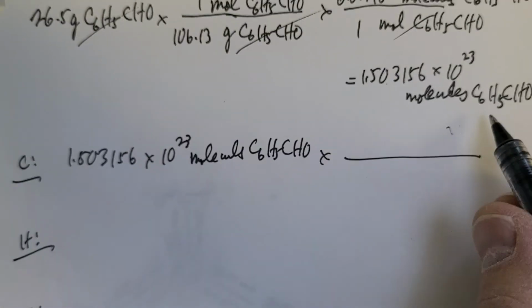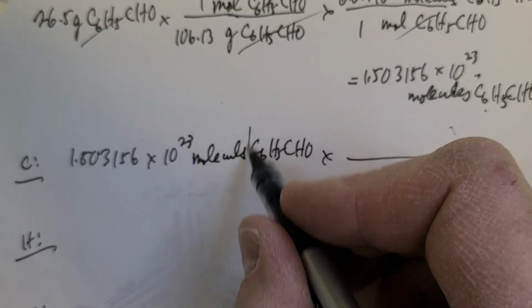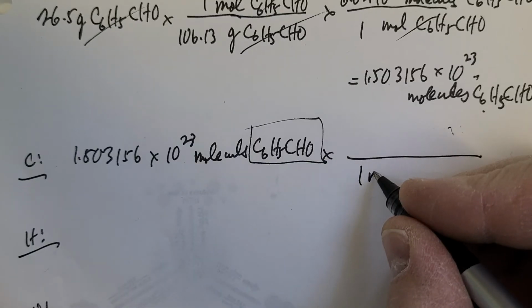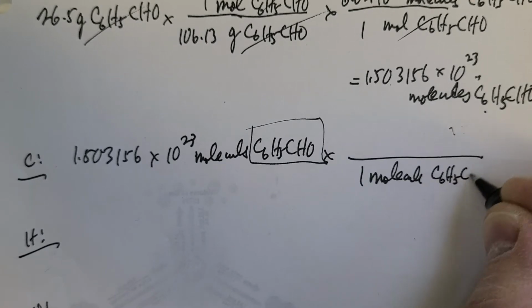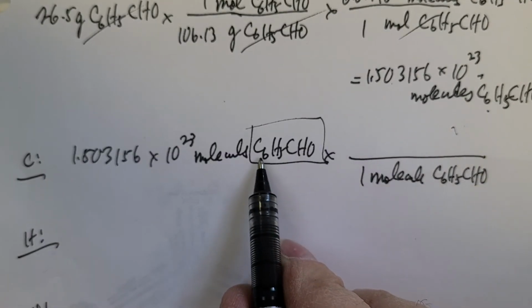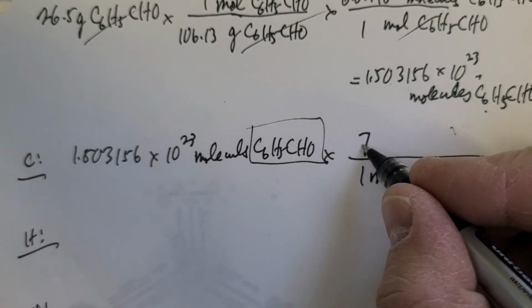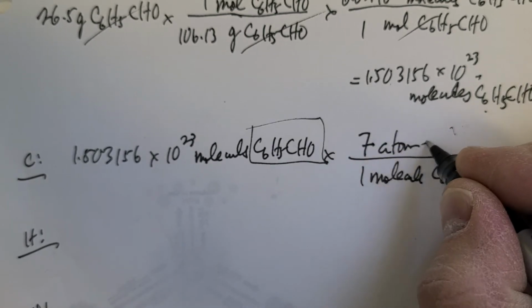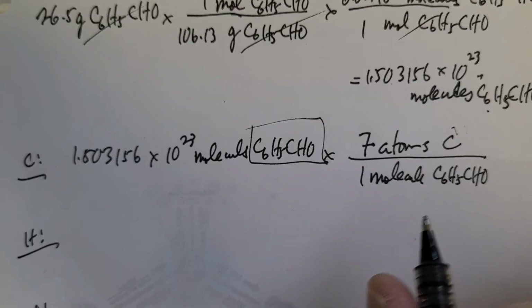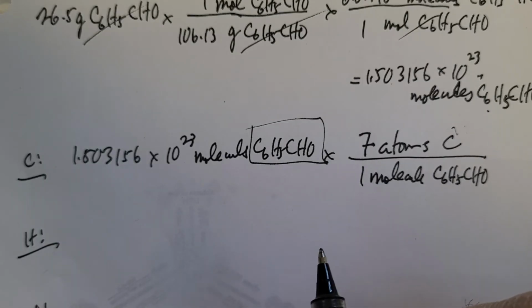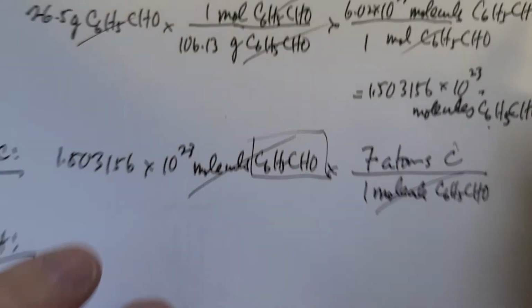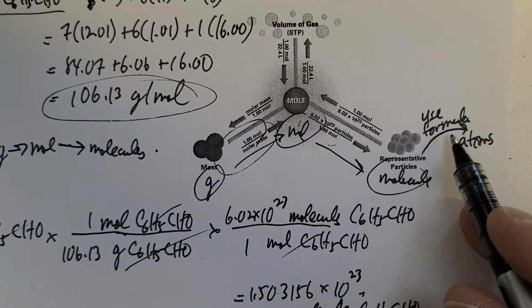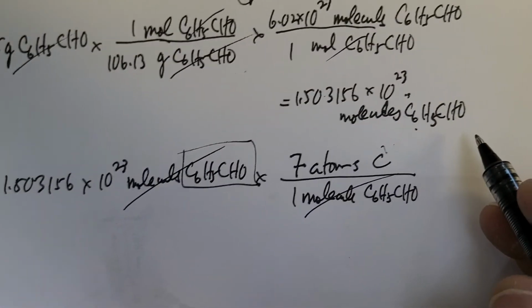For every one molecule of C6H5CHO, you can see that there are 6 plus 1, 7 atoms of C. So for every one molecule, I get 7 times the carbon. That's what I mean by using the formula to figure out how many carbon atoms are in one molecule, or whichever one I'm talking about.